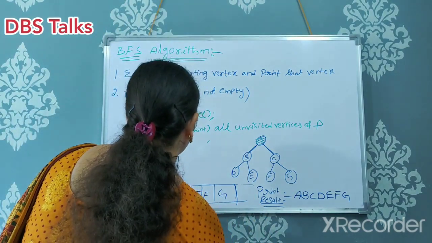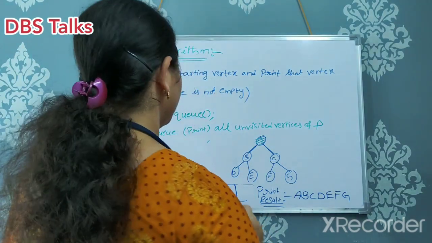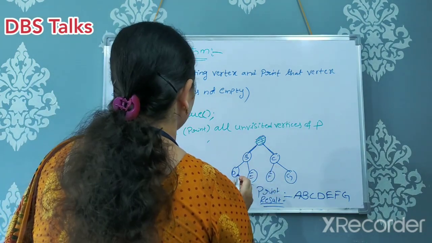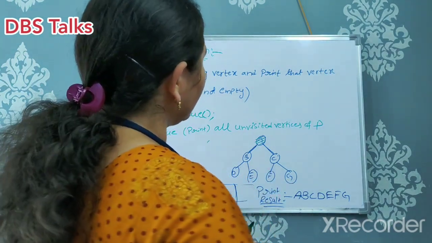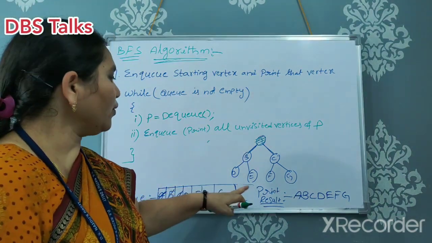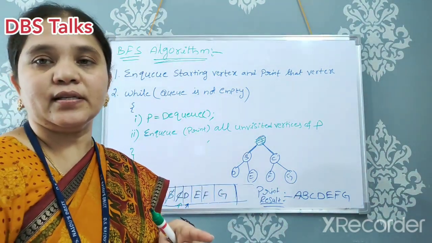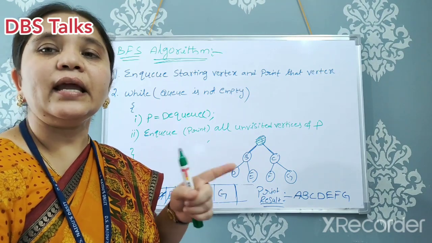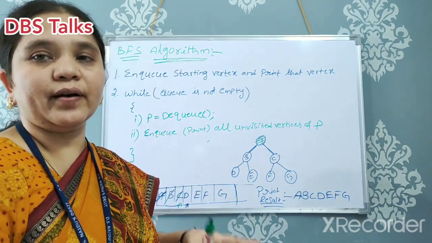Next it moves to D. D doesn't have any adjacent vertices, meaning any unvisited vertices.